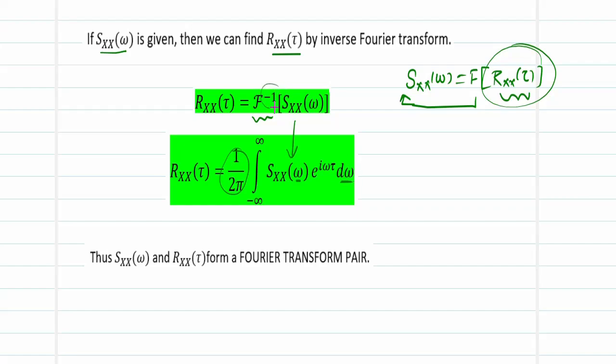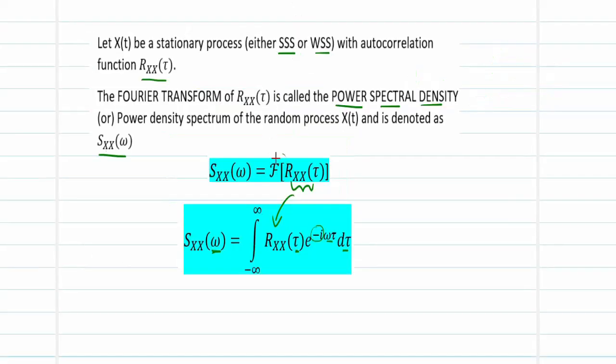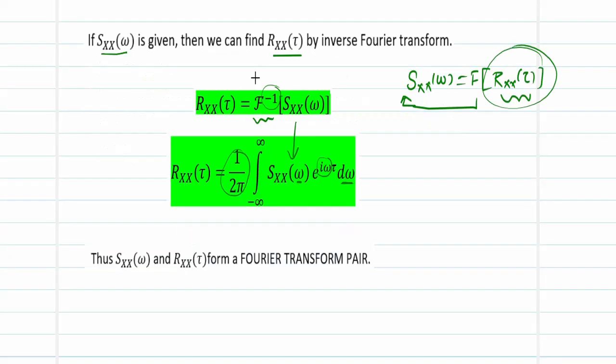When you have a negative sign for the Fourier, your exponential takes a positive sign. Compare, when you have a positive sign over here, your e will have a negative sign. But when you have a negative sign for your Fourier, your e will take a positive sign. So in this way we can remember this formula.